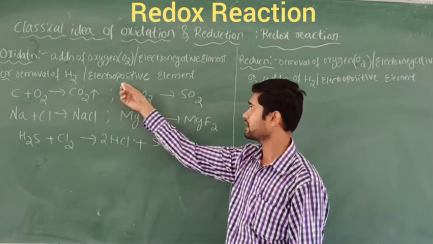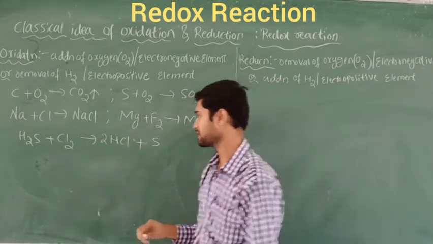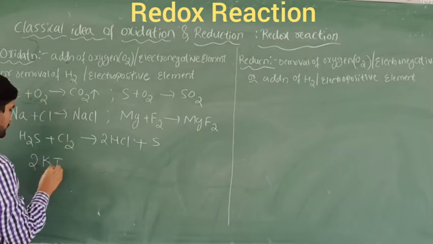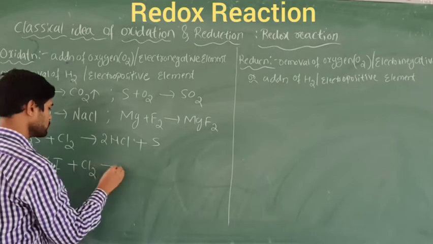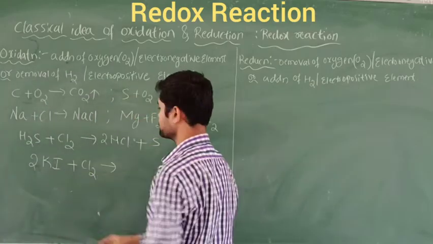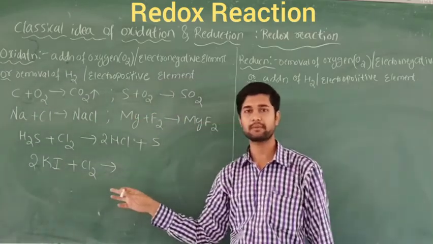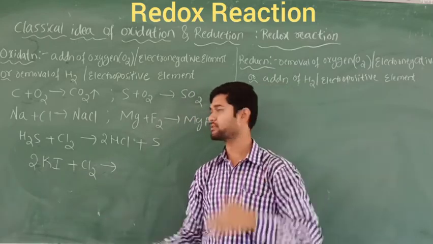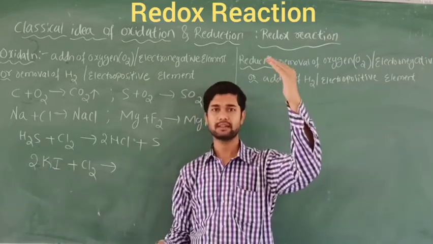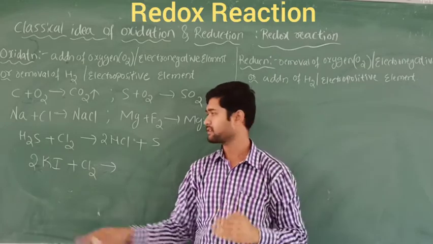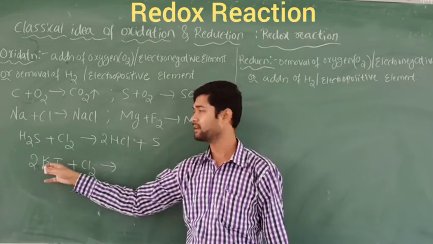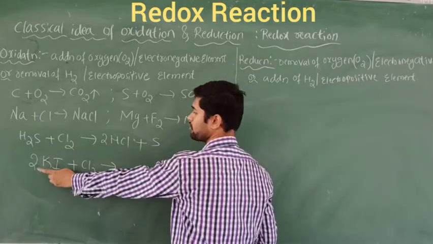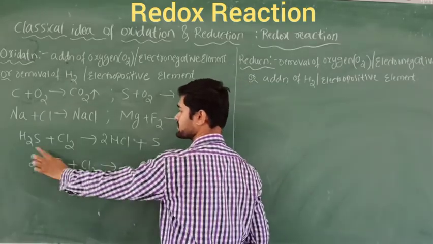And next, electropositive elements. Let's take a simple reaction, 2KI plus Cl2. Potassium is an electropositive element, because it comes under the group 1 elements: hydrogen, lithium, sodium, potassium. That's why potassium is an alkali metal. Now I remove the electropositive element from this substance.